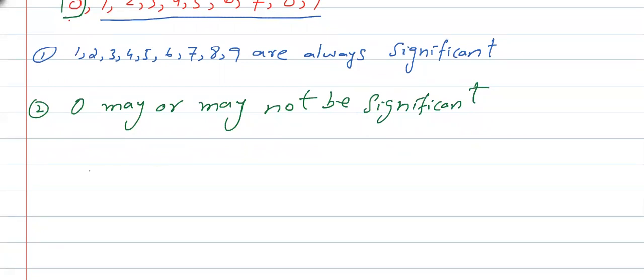Our 0 can be of 3 categories. Any number that you write, 0 can be at 3 different places. The first place can be a trapping 0.